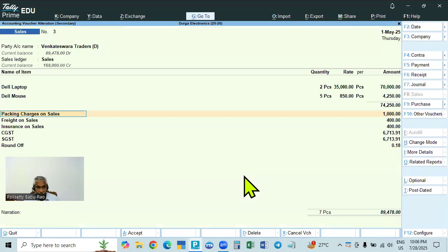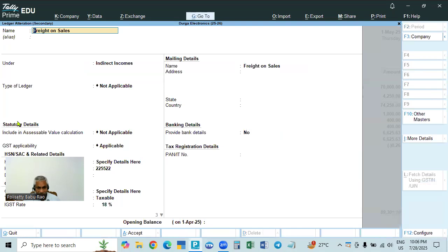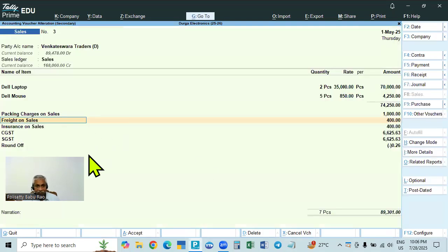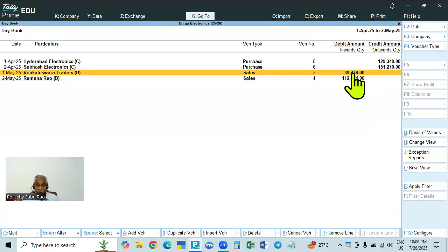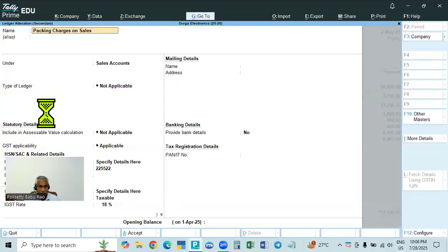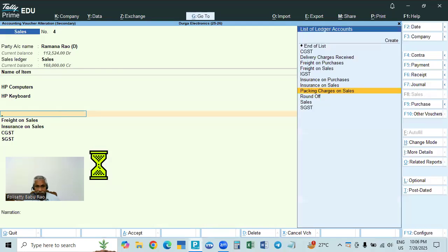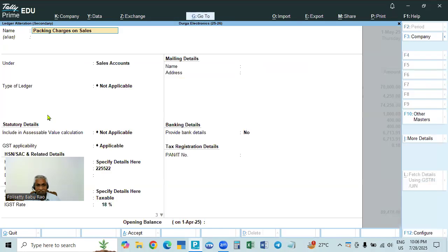In the first sale, we took the first method. In the second sale, we took the second method. The second sale shows the second method, the normal rate, and the first sale also shows the normal rate. But actually, this is wrong.